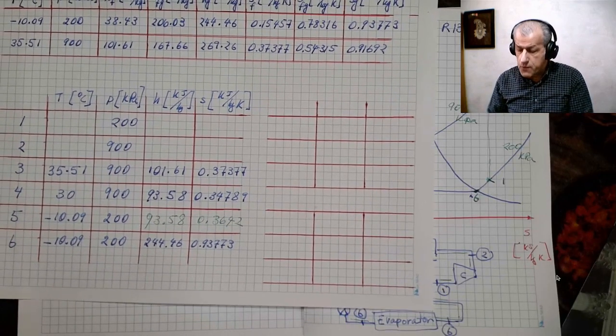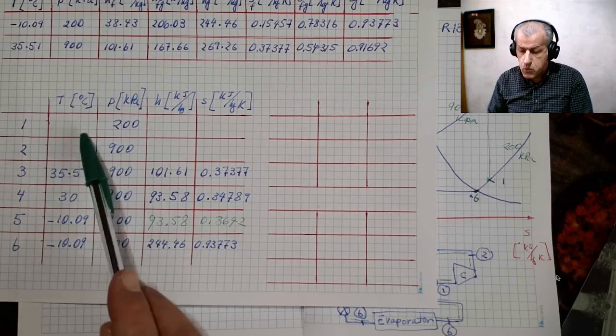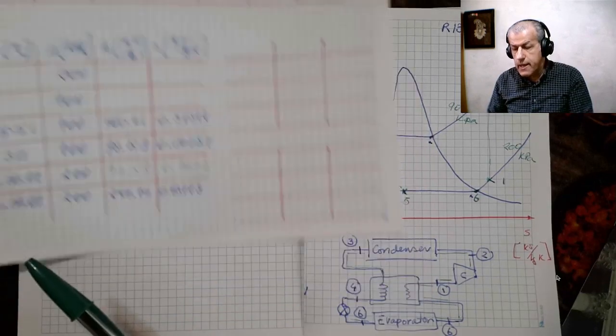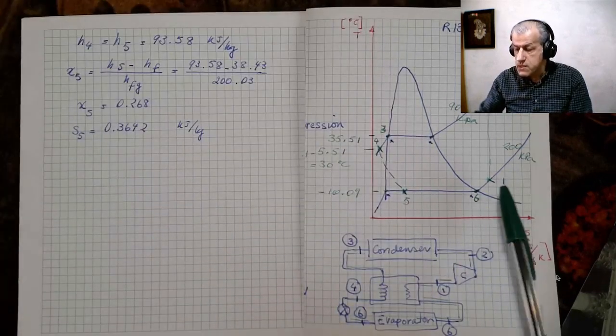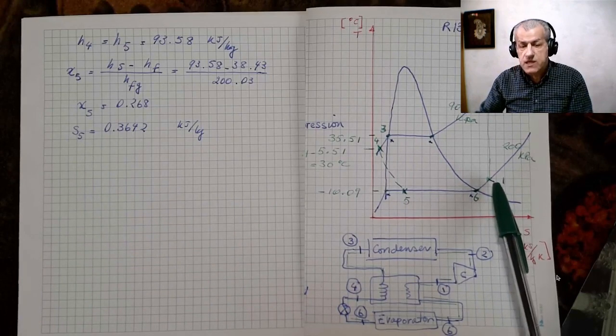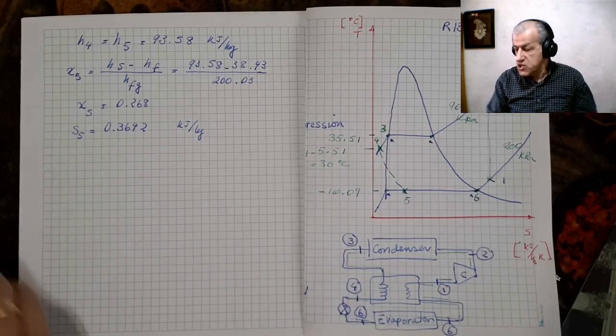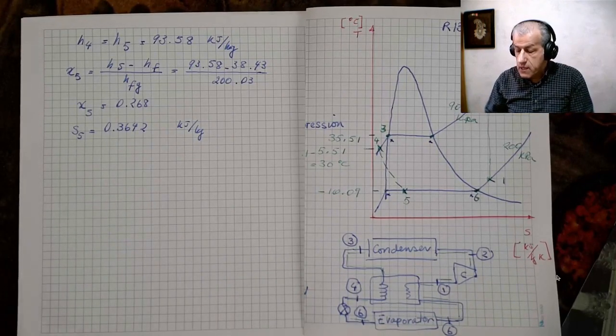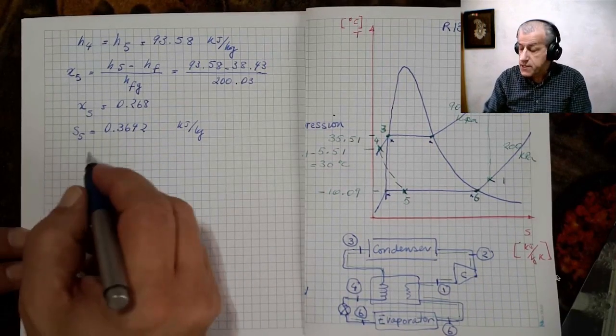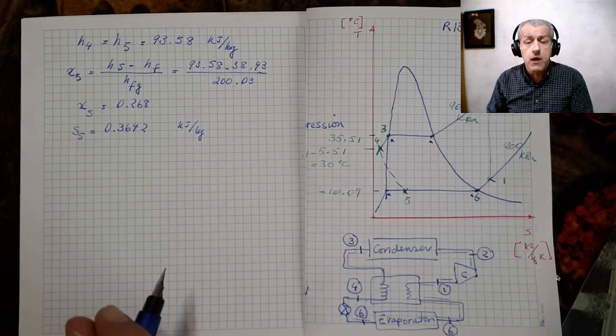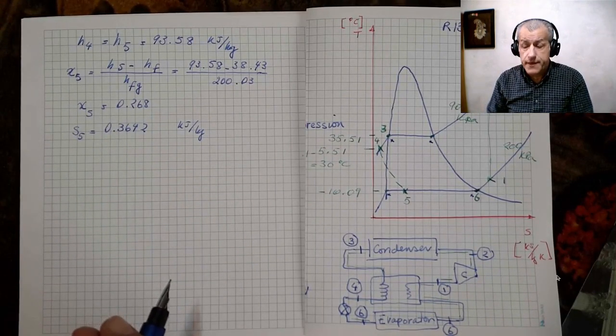Now, we are only left with points 1 and 2, and point 1 is the next one that we may calculate since we have one heat exchanger here, and we could just write the first law equations for this heat exchanger.